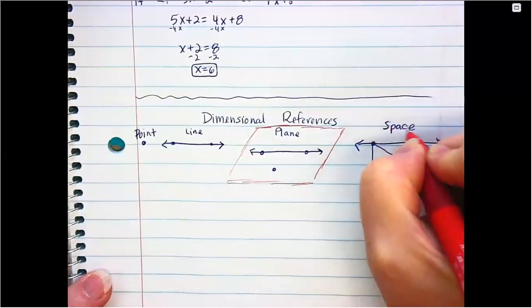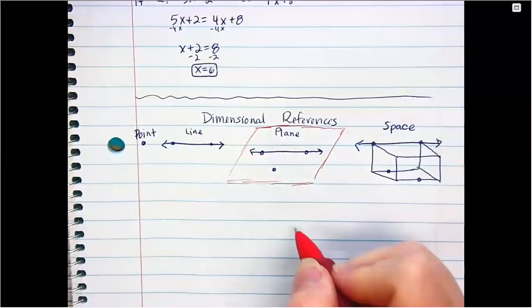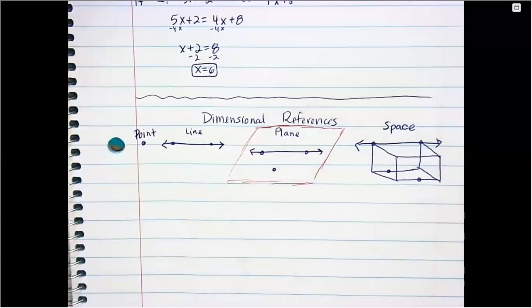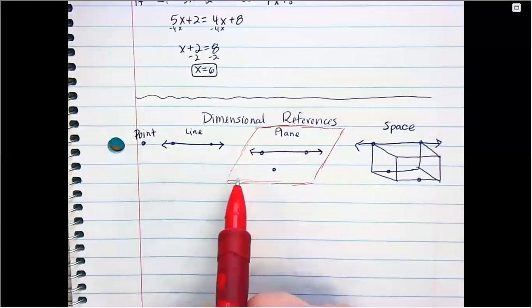So we go from 1 dimension to 2 dimensions to 3 dimensions. And all of those go on forever as well. So the thing I want you to connect is the building on 1 point to 2 points to 3 points to 4 points.